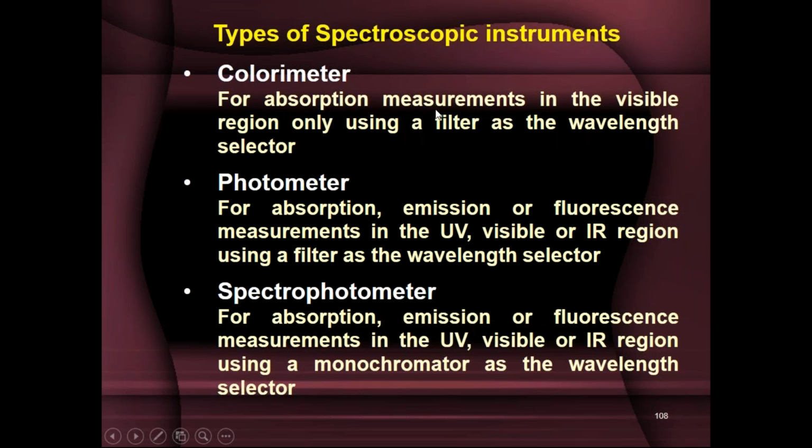Colorimeter is used only for absorption measurements. Photometer is used for absorption, emission, and fluorescence measurements. Colorimeter uses only visible region of the electromagnetic spectrum. Photometer can use UV, visible, or IR region of the electromagnetic spectrum. What is the similarity? Both use filter as the wavelength selector.